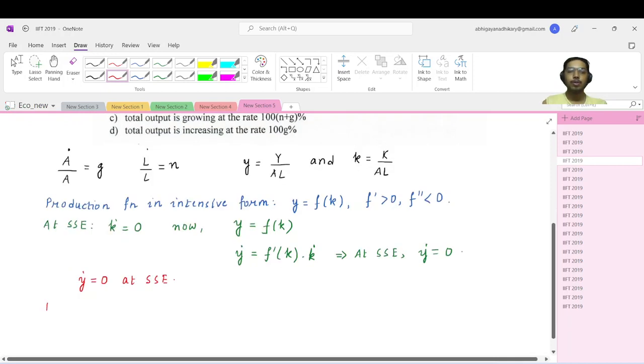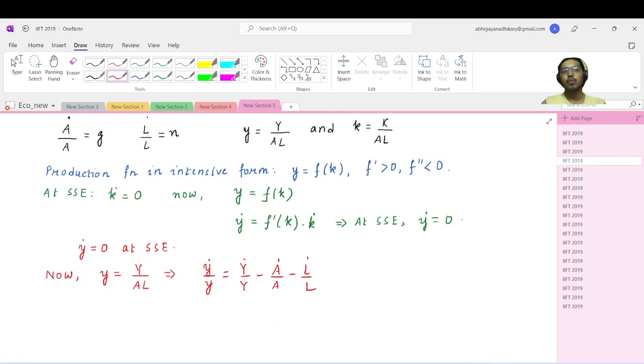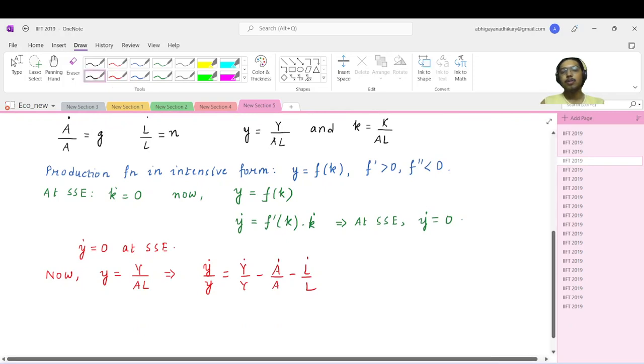Now what is the expression for y dot? Small y equals Y by AL. That means if you take log and take the time derivative, you get this. Remember this? Y dot by y minus A dot by A minus L dot by L. Since the numerator is 0, the entire left side is 0.